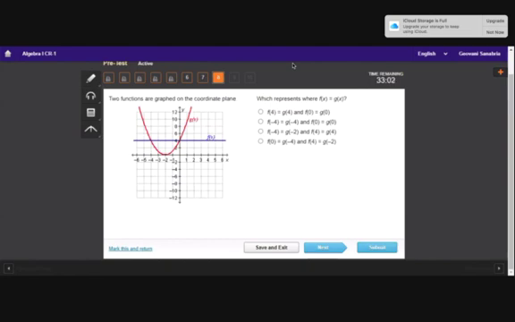Two functions are graphed on the coordinate plane. Without even looking at the answers, when it says which represents where f of x equals g of x, that little equation means you're looking for the point or points on the graph where both of the different colored lines touch.